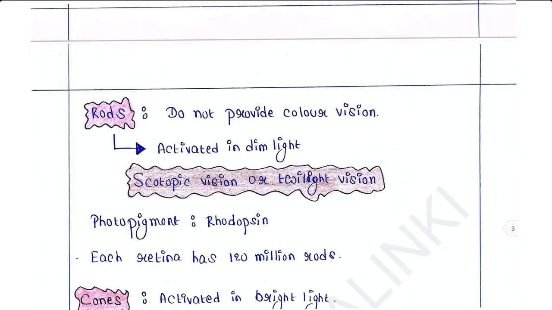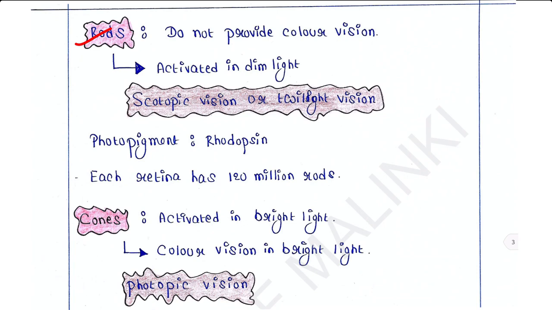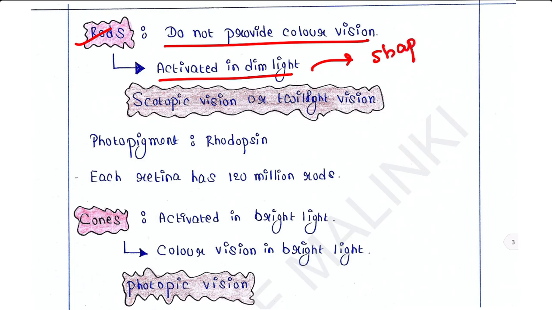Now, rods do not provide color vision. In dim light, we can see only black, white and all shades of grey. Rods are activated in dim light and allow us to see shape and movement.